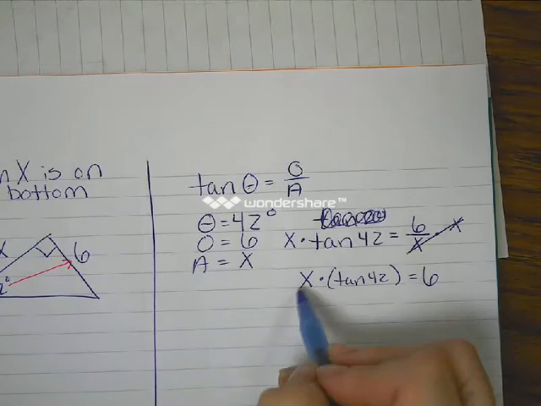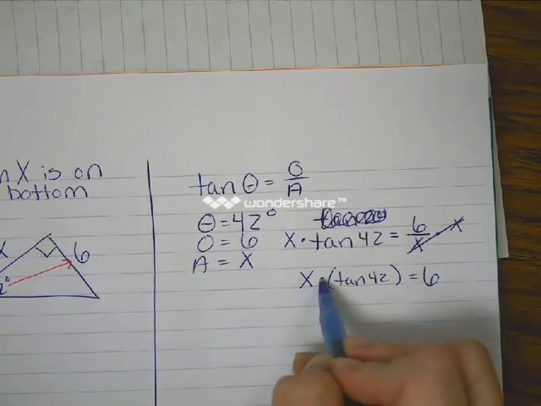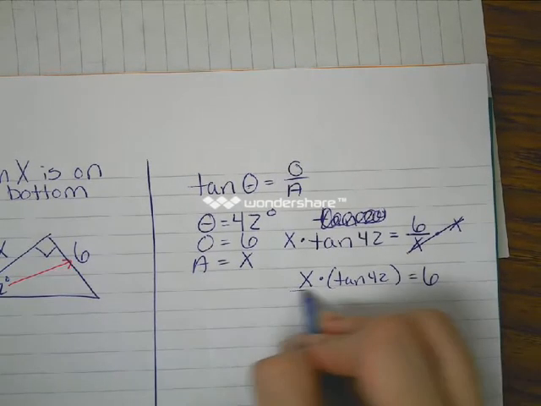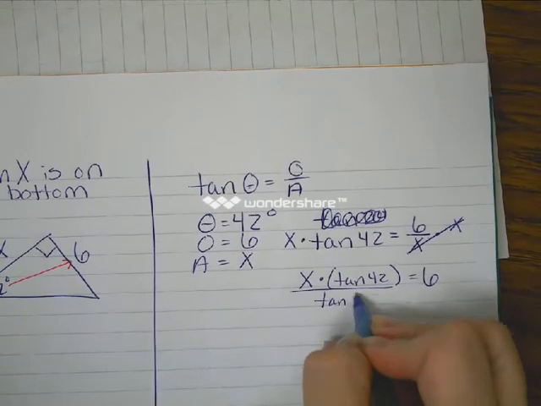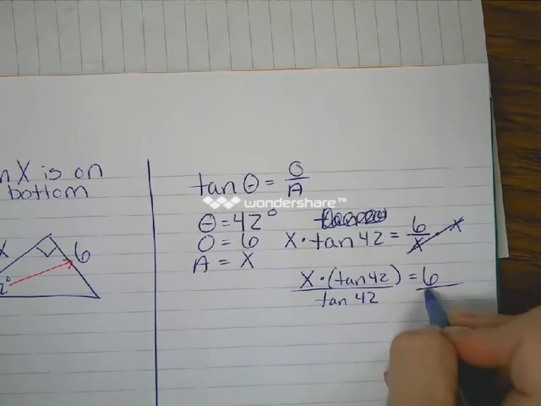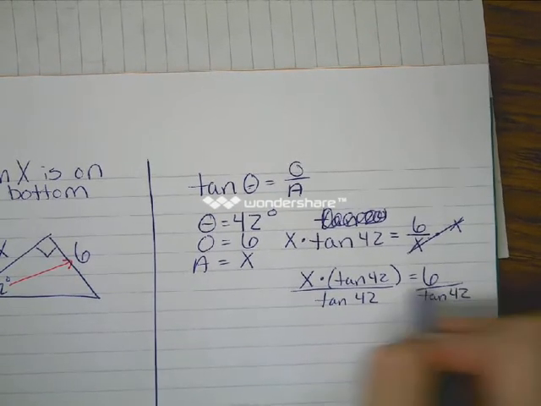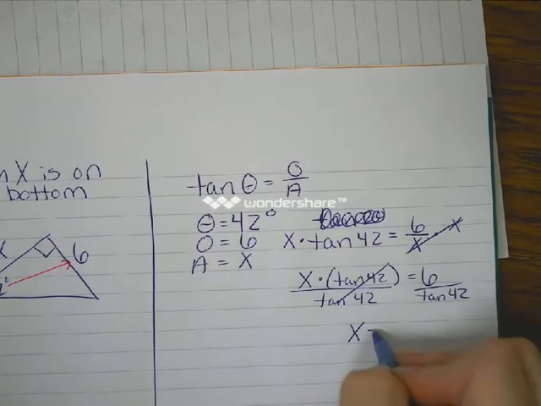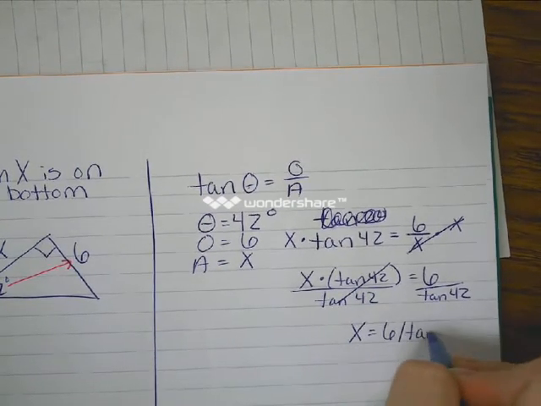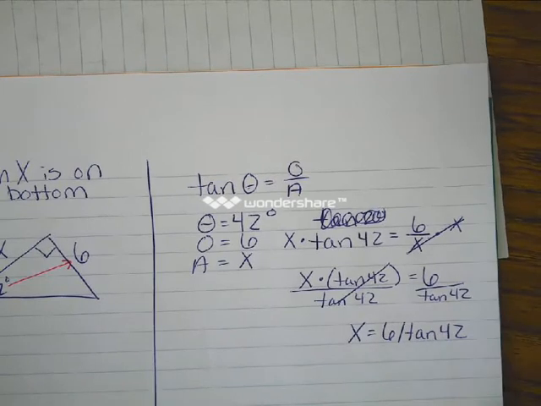Now to get x by itself, I can undo this multiplication by dividing by tangent of 42. So x equals 6 divided by tangent of 42. I'll type that in the calculator in just a second.